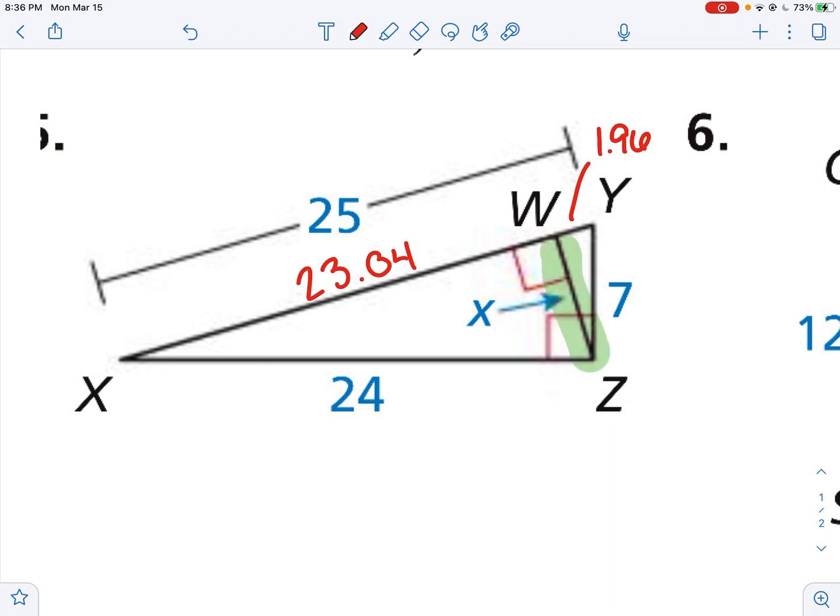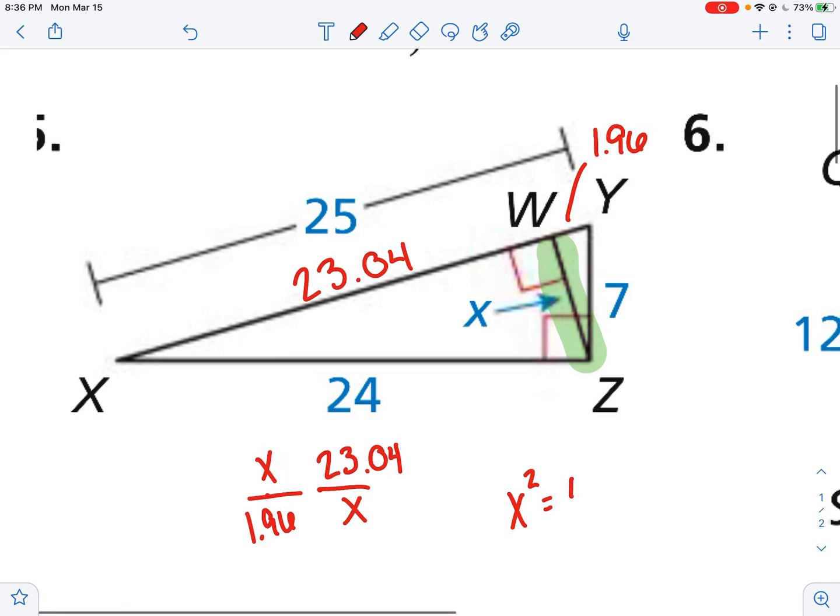So we set up b, that extra variable, just to find those two pieces, and now I've got this very nice problem where I can use the altitude situation, that formula. x goes in diagonally across from itself, 1.96, 23.04. So x squared equals 1.96 times 23.04, which is 45.1584.